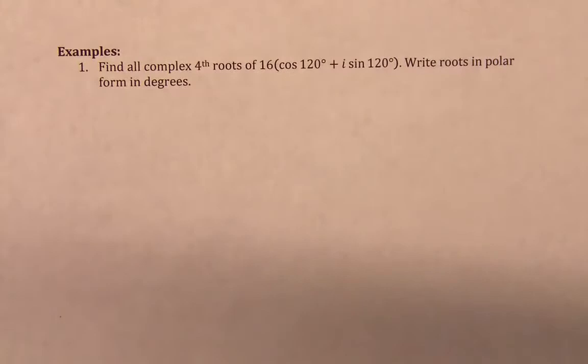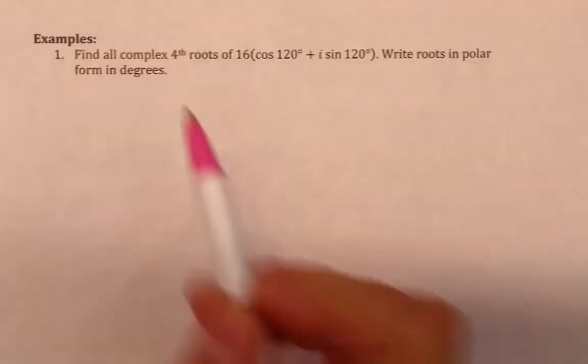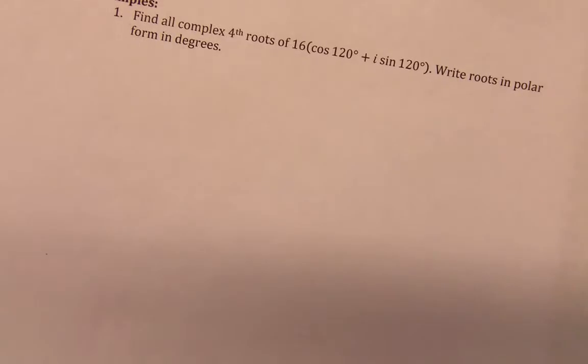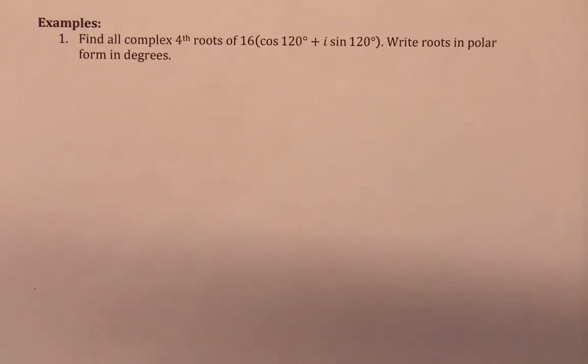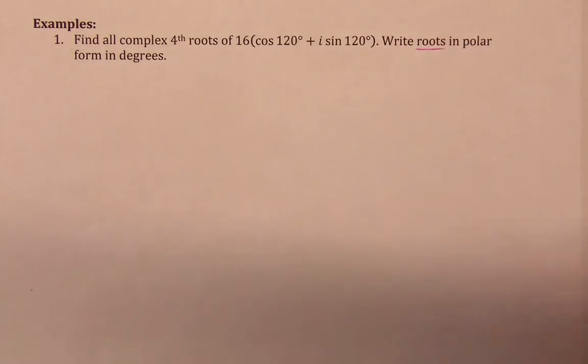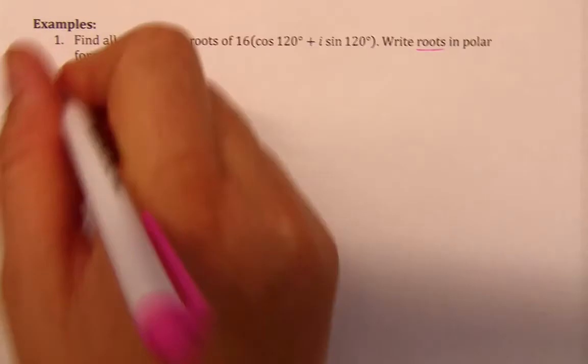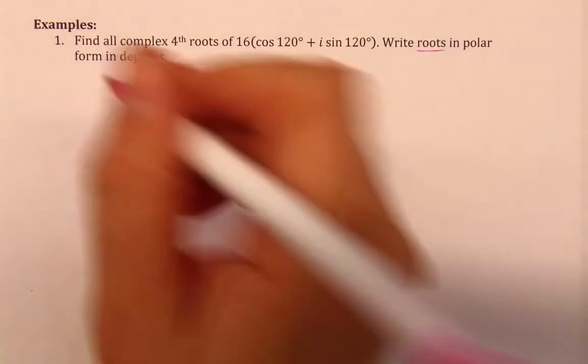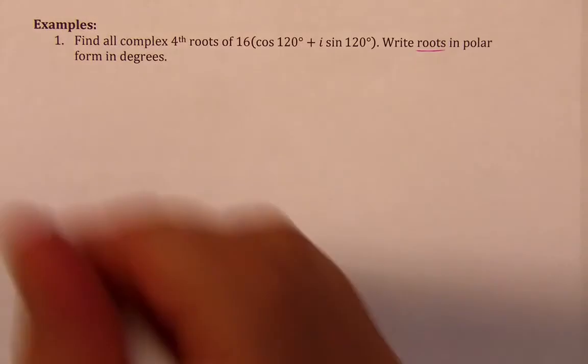First we want to find all the 4th roots of 16 cosine of 120, I sine of 120, where the radius is 16. So we want to write our roots in polar form as well. Let's go ahead and get started. We're going to just write this in general.